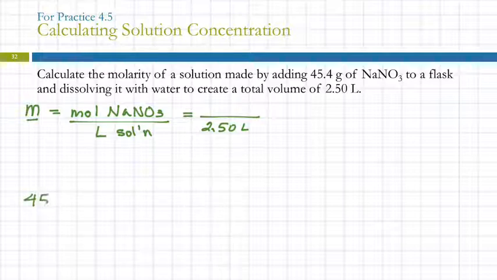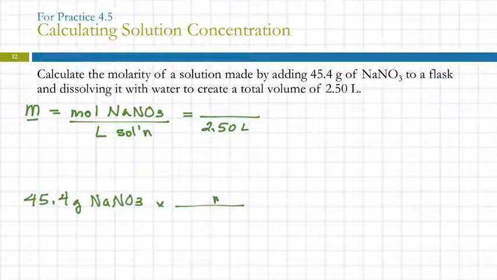So 45.4 grams of sodium nitrate, I want to multiply by moles and divide by grams to get the number of moles. And the conversion factor here would be the molar mass, which I have to calculate.